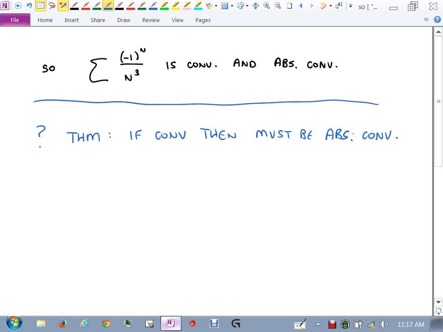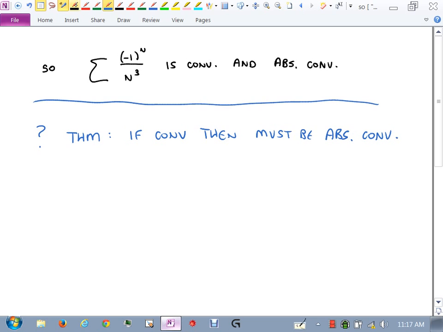If I have some statement that I think is true and that it's always true, the best way to convince myself is to try and find counterexamples. I might think that this is true, but if I can find one example where it's not, then I can throw this out the window, right? So let me see if I can come up with something that is convergent by itself, but is not absolutely convergent.